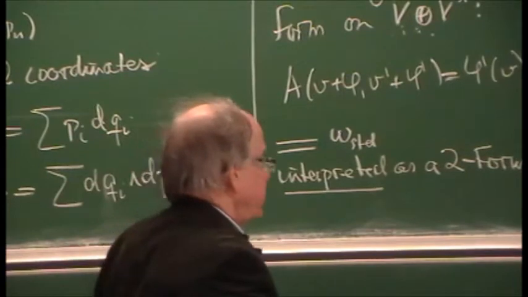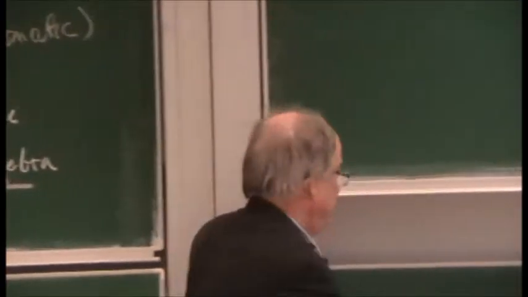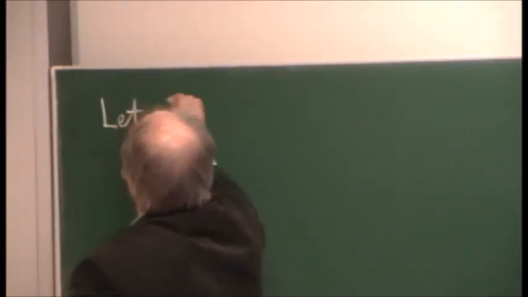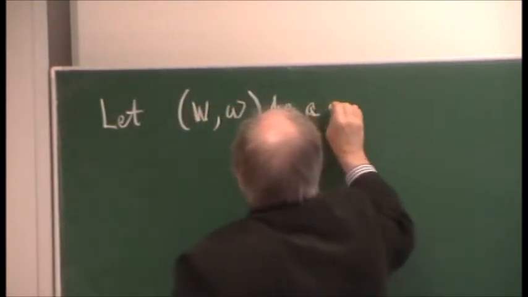In other words, forget the symplectic. It is a symplectic manifold, but let's just do linear algebra. Symplectic linear algebra. So let W, omega be a symplectic vector space.